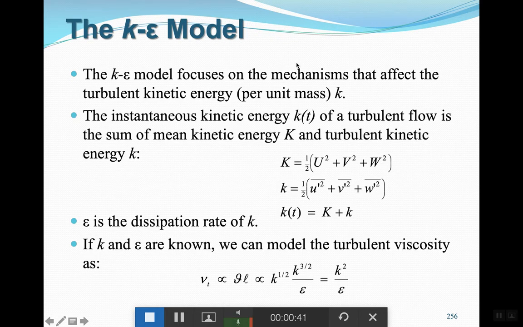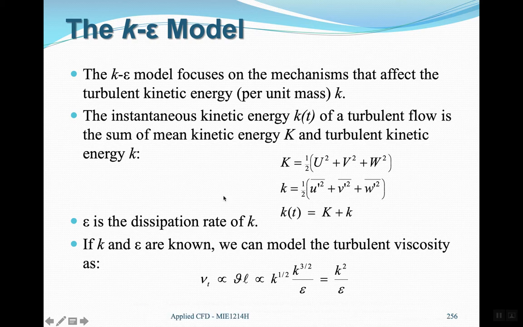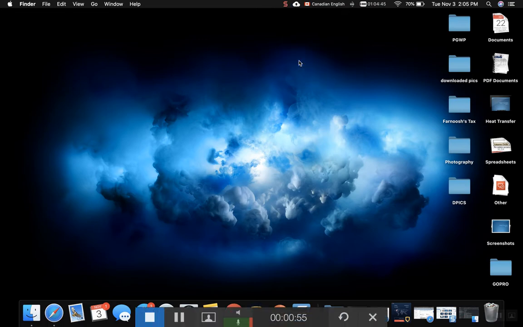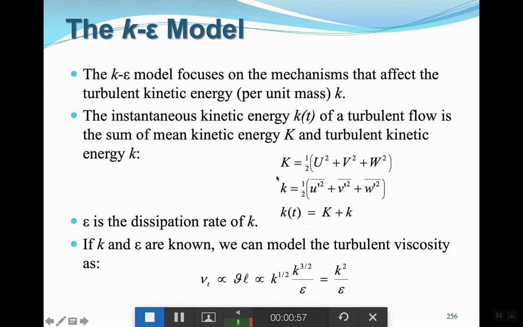The most popular and most widely used model is the K epsilon model. In the K epsilon model, first off, you use two equations instead of one equation.